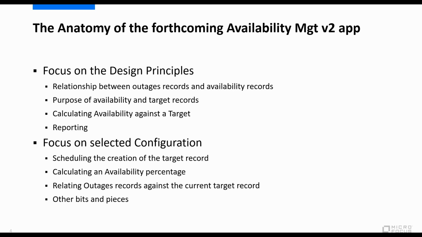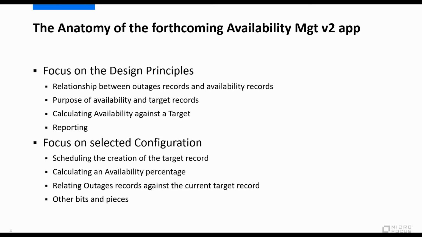I didn't want to hard code anything into it, meaning that when this gets published on the marketplace, and I'm talking about version 2 of the app, there's a version 1 already out there, which I'll talk about in a few minutes, to make it available for people to adopt and adapt it to how they consider and want to measure availability.